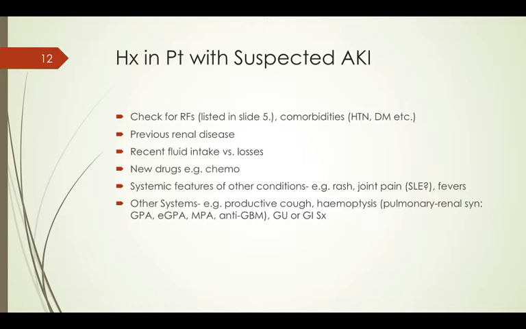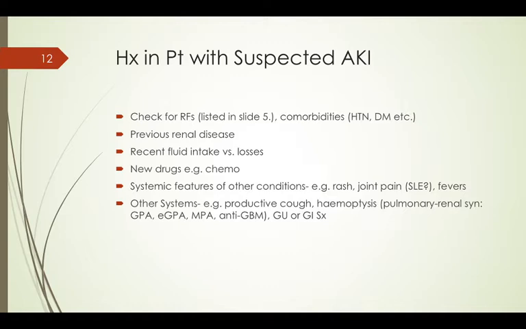Any other systemic conditions, so SLE, and any other systems that you think could be involved. So if someone's got a renal as well as a respiratory picture, we're going to be thinking about pulmonary renal syndrome.